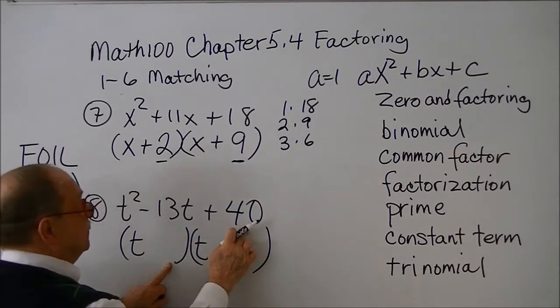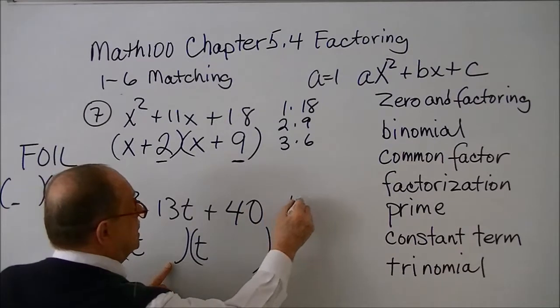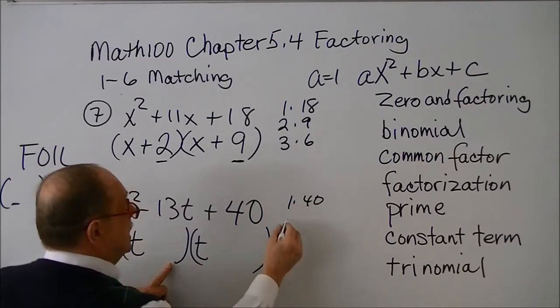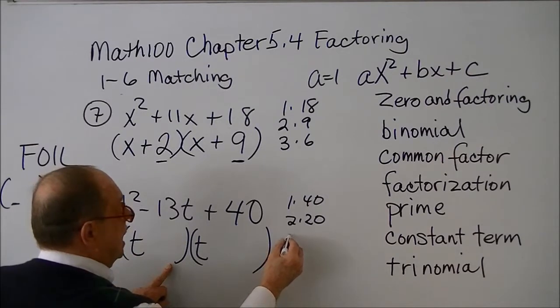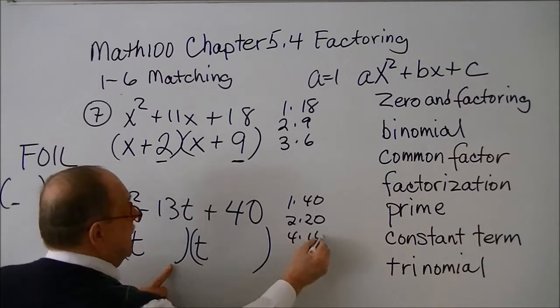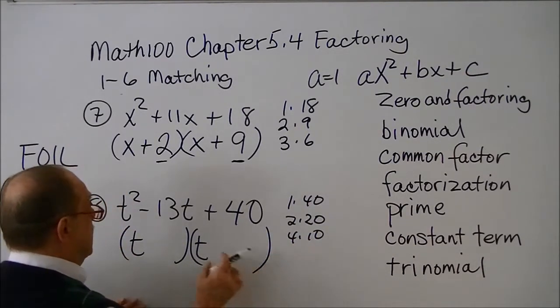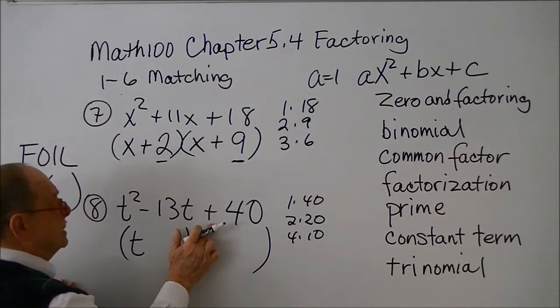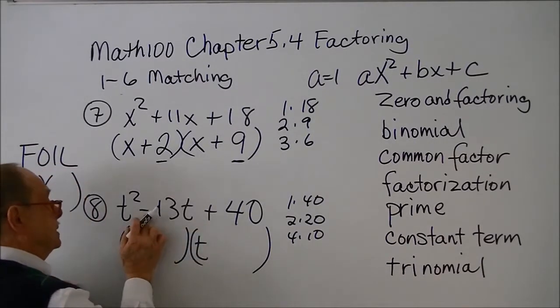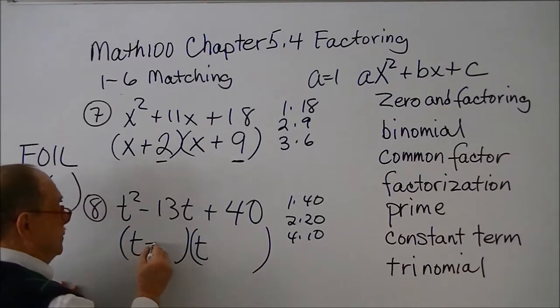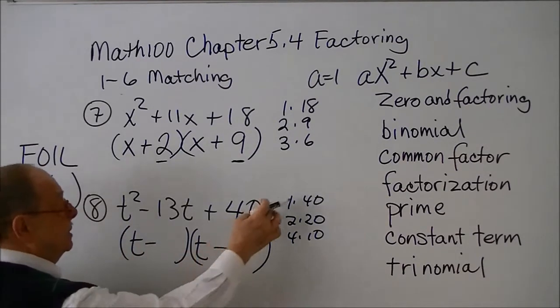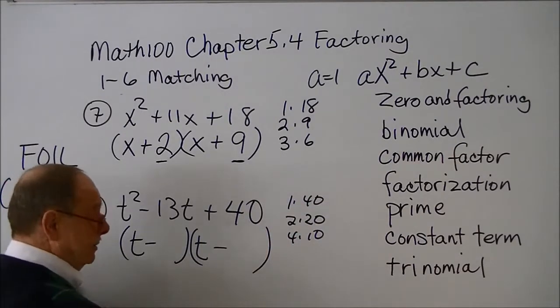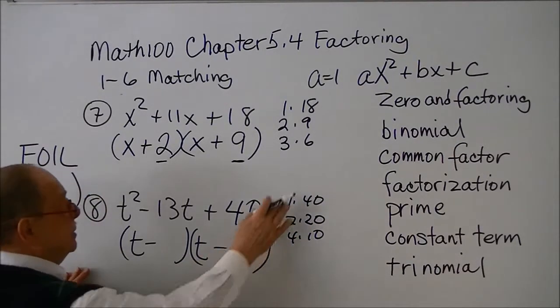Now again, we're thinking of our last terms that will add up to a negative 13. So factors of 40. 1 times 40, 2 times 20, 4 times 10. And notice this is a positive and this is a negative in the middle, so both of these, in order to give me a positive, would have to be negative. So all of these are really negative. But we can go like this.